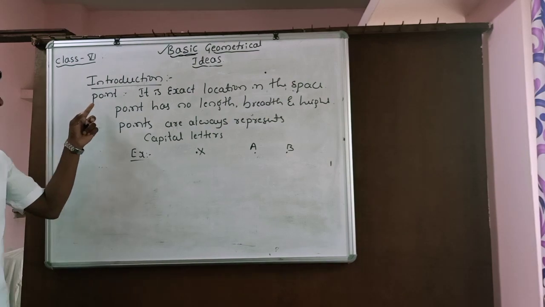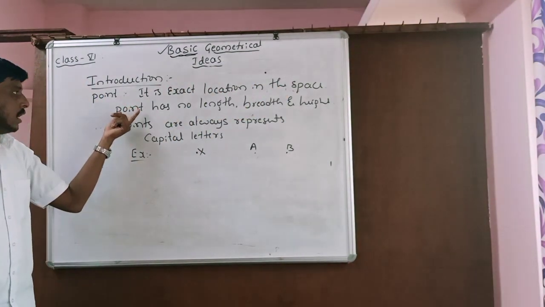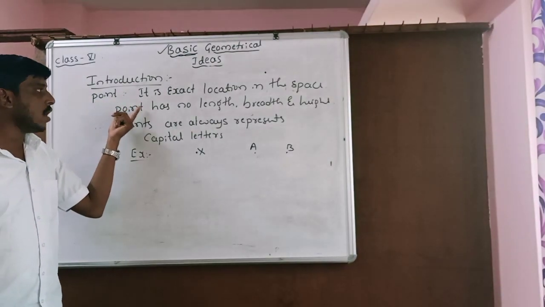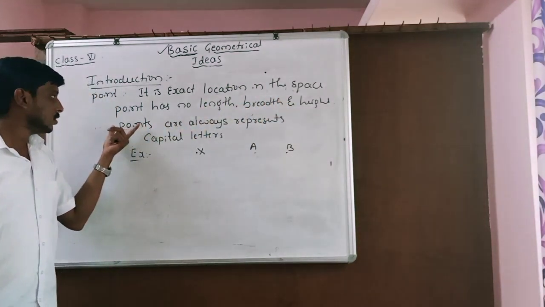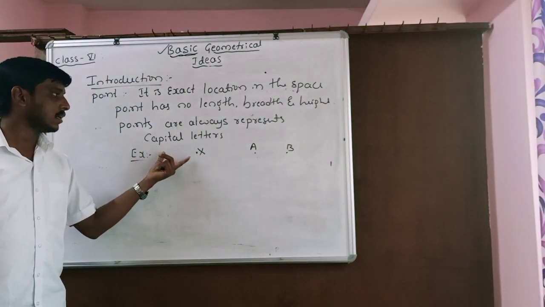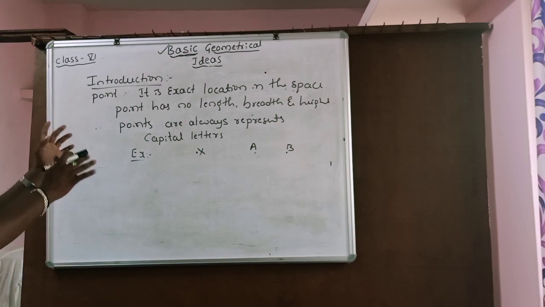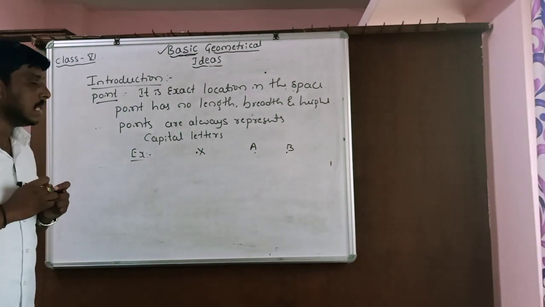So what do you mean by point? It is the exact location in the space. And what are the characteristic features of the point? Point has no length, breadth and height. So points are always represented by capital letters like X, A, B. Okay. So this is a small topic of point. Next I will move to line.